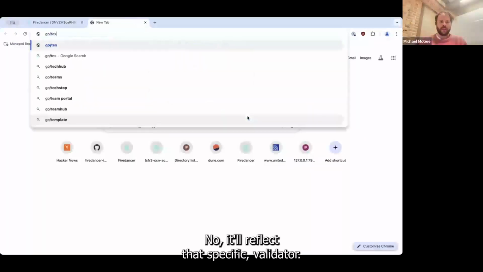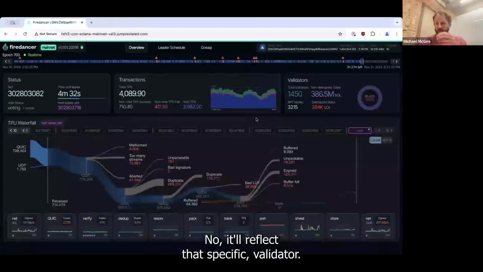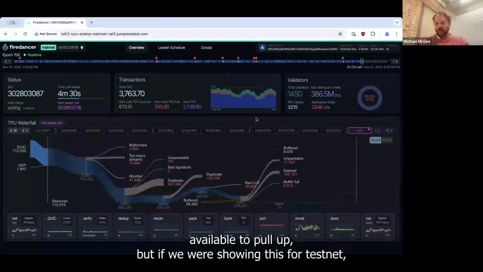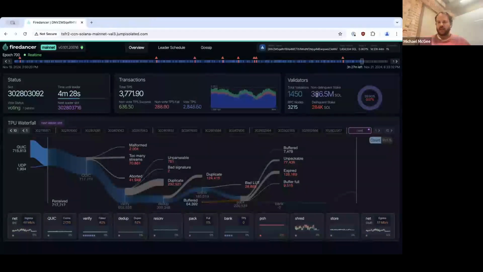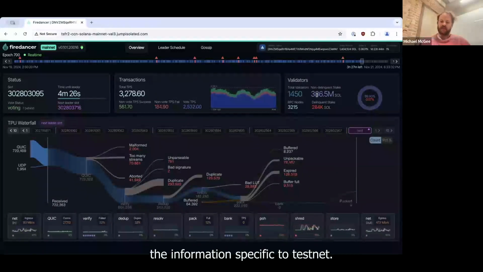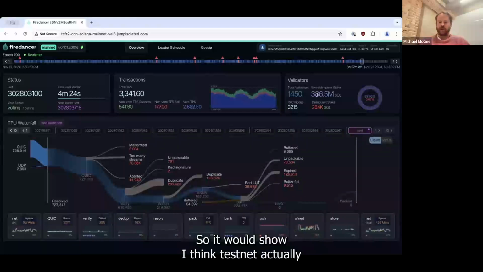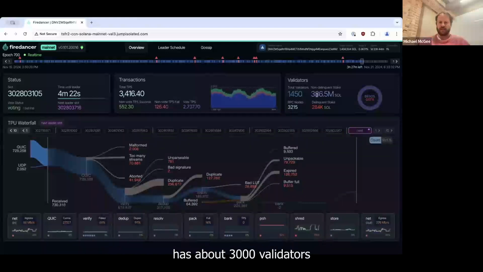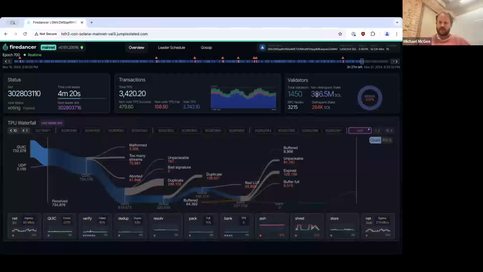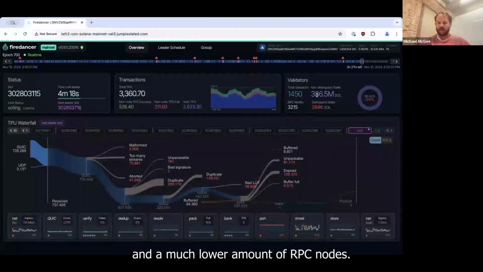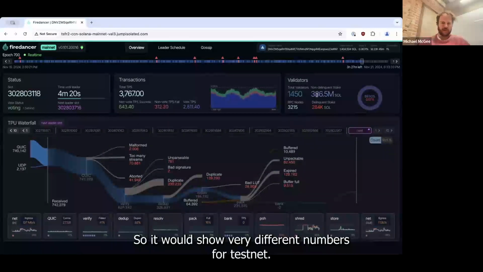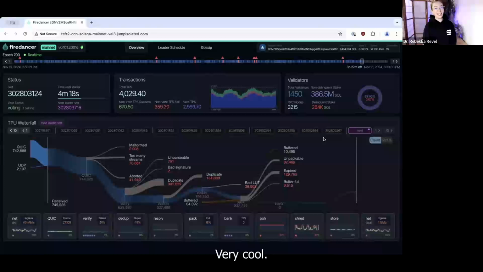Yeah, it'll reflect that specific network. I don't know if I have it available to pull up, but if we were showing this for testnet, it would actually have the information specific to testnet. I think testnet actually has about 3,000 validators and a much lower amount of RPC nodes. So it would show very different numbers for testnet. Okay, very cool.